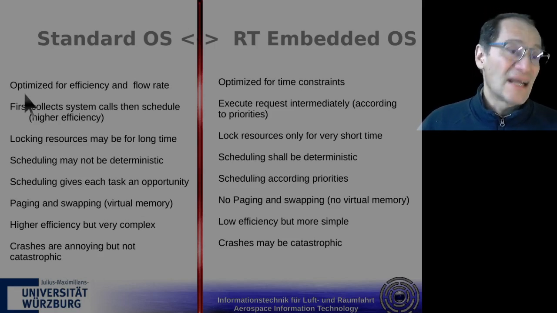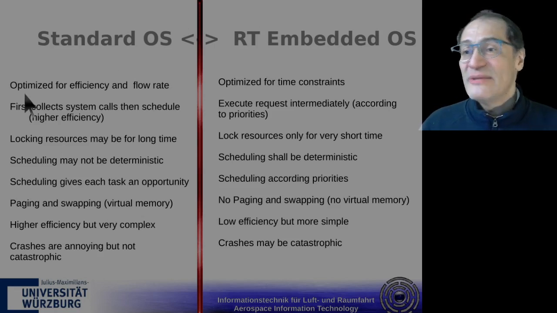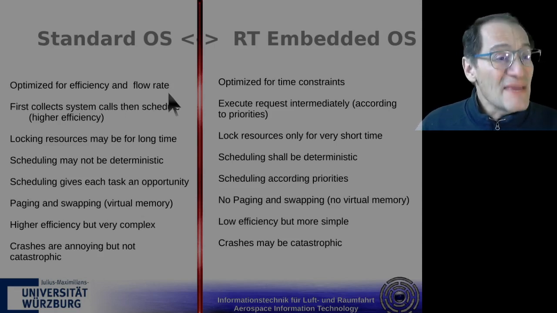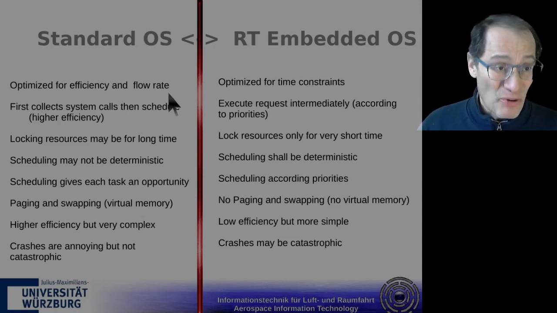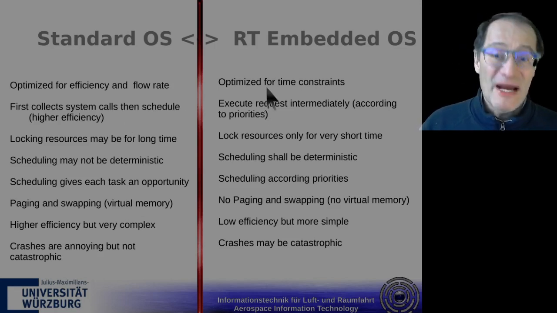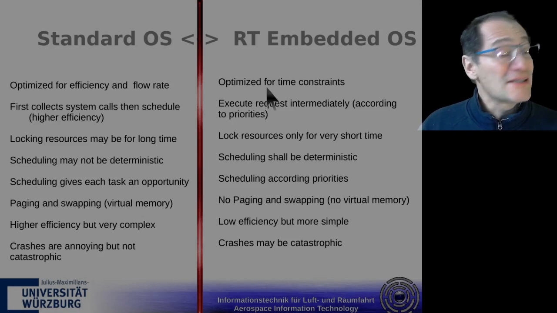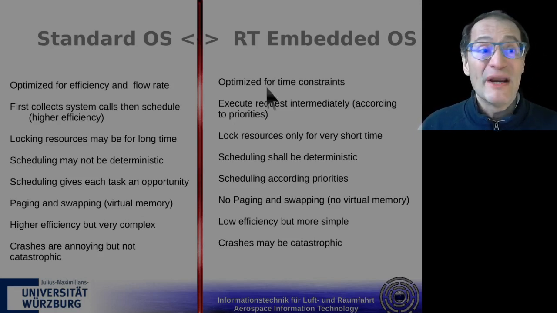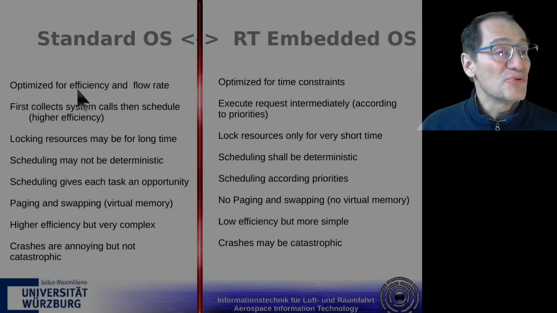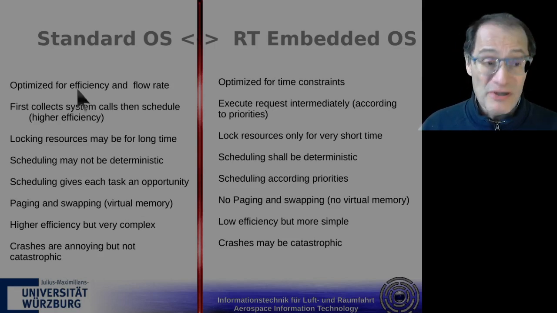First, a standard operating system is optimized for efficiency and throughput, so it executes as many applications as possible at any time. The real-time one is optimized for time constraints. Do not execute everything as soon as possible. Wait until the time point when everything shall be executed.